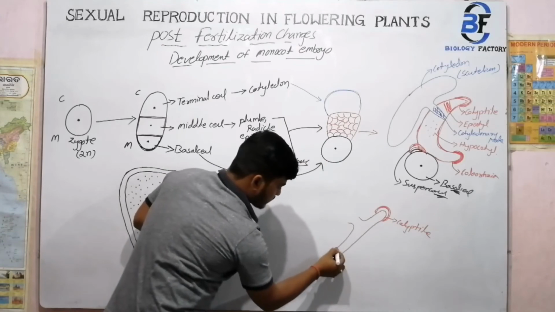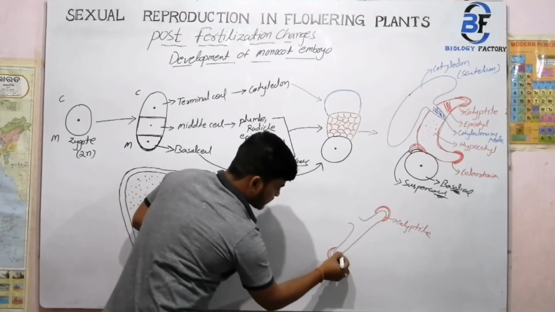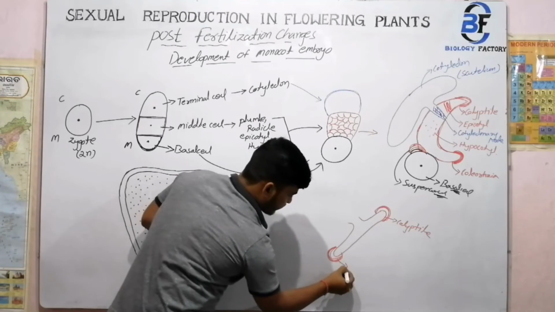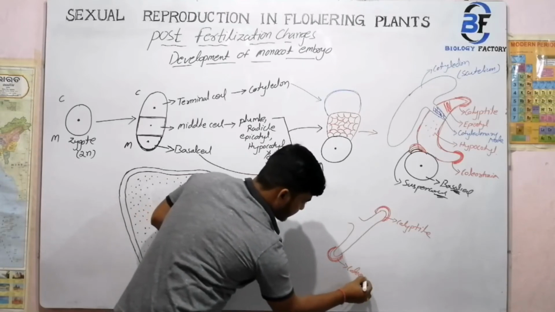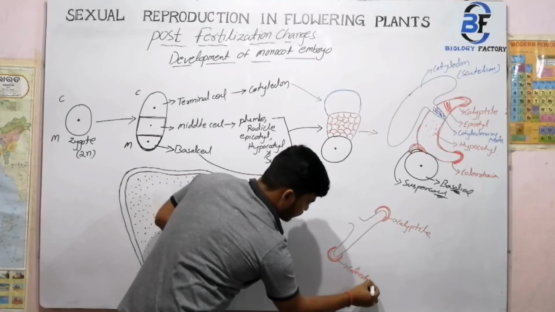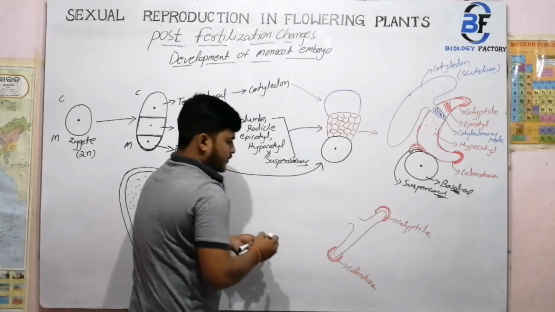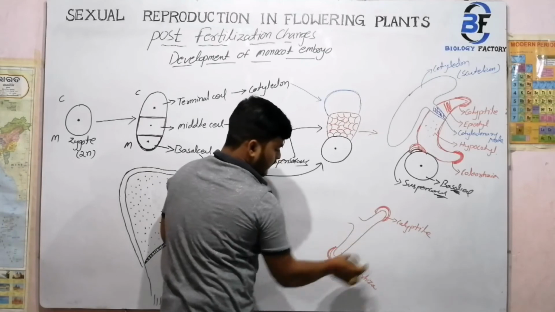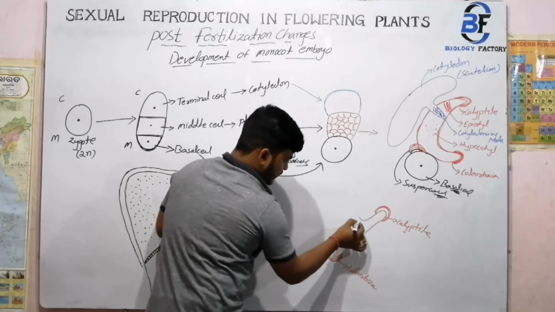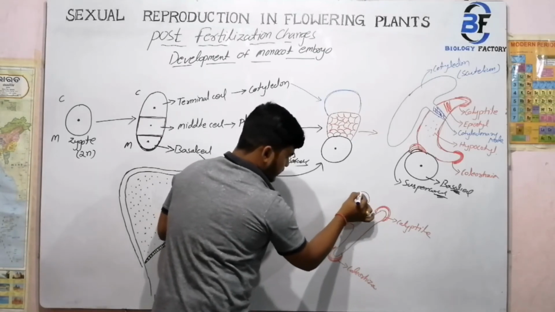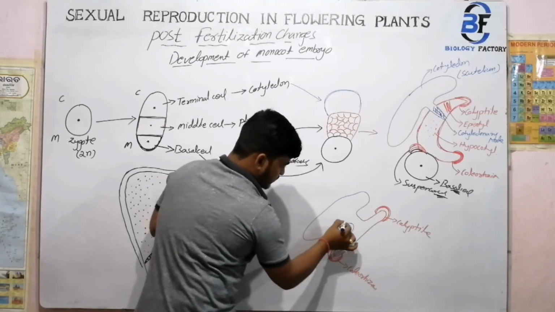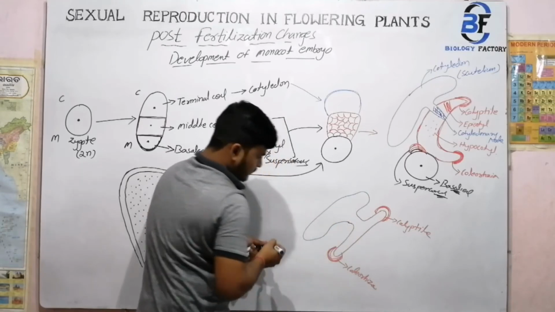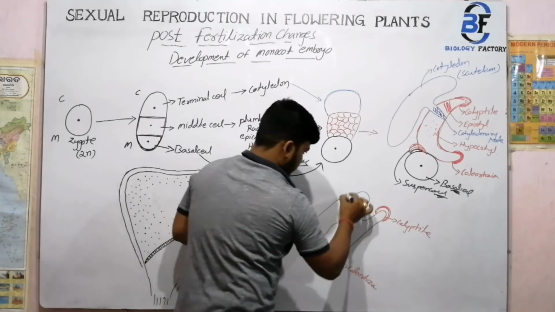And here is your coleorhiza. Next, that means your plumule part and radicle part. And here the cotyledon which is attached. Here is the cotyledon.